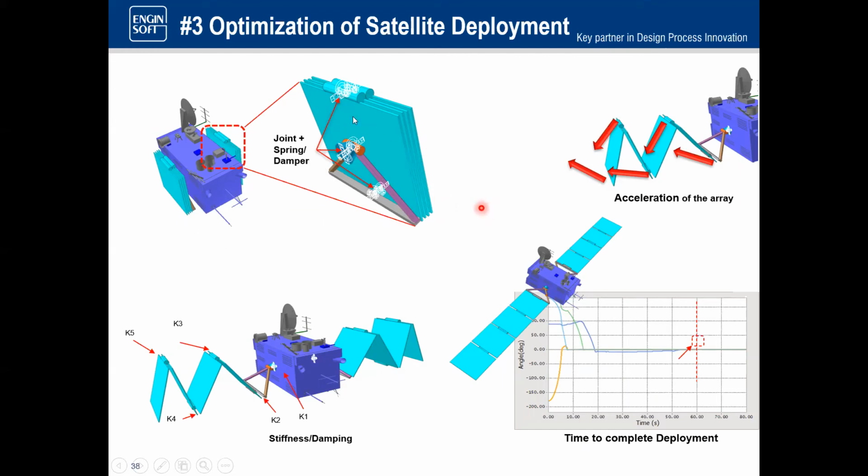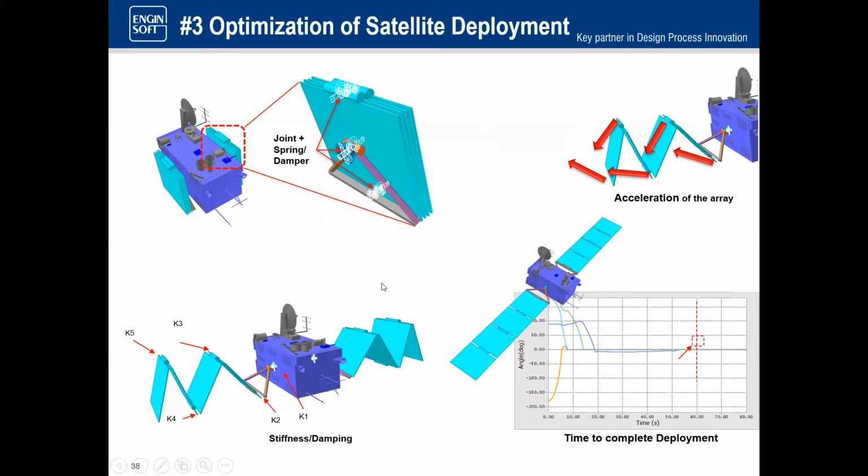When we look at what we're trying to optimize, we're looking at the joints between panels, and we also have a joint at the attachment point on this component that deploys. Where I'm pointing with the arrow, that's where the solar array is attached to the body of the satellite. And so then things deploy out, and there are going to be revolute joints throughout with each panel.